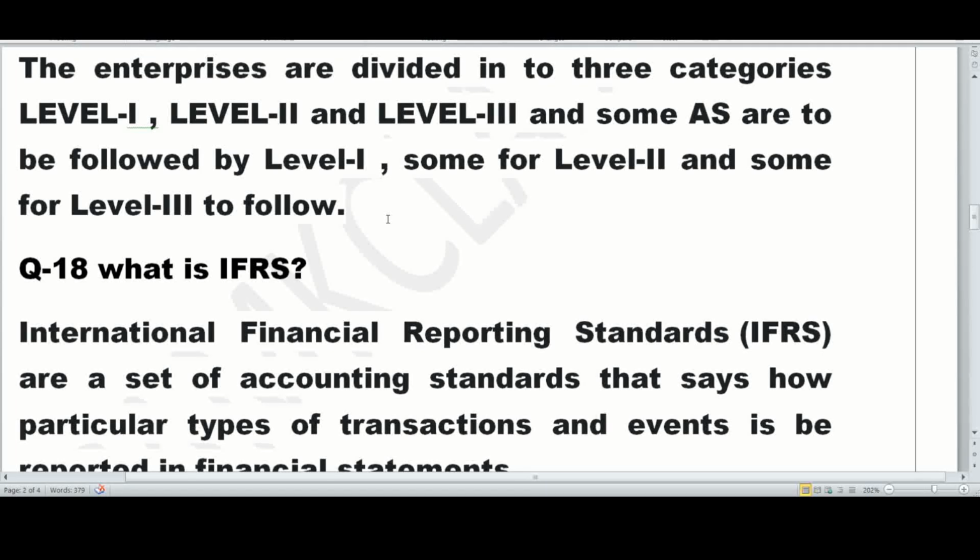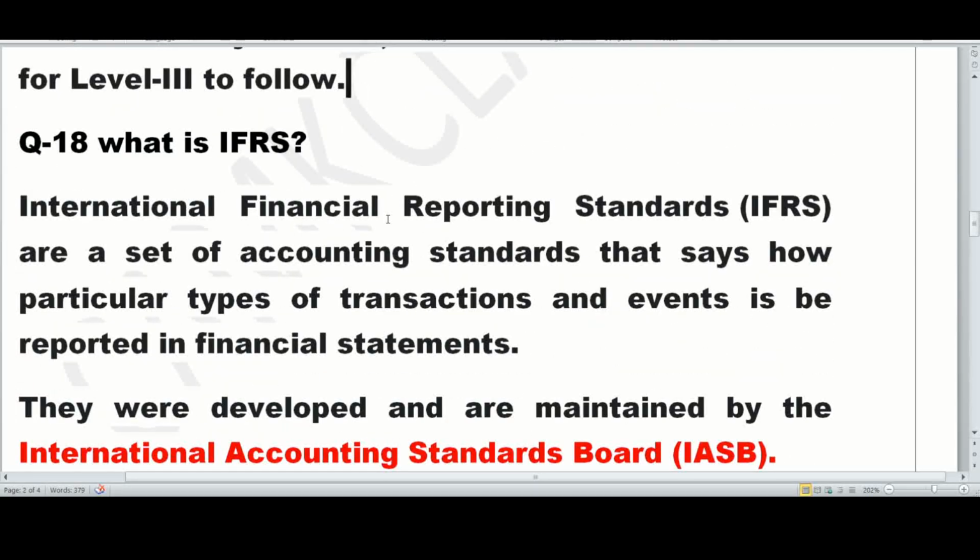Then let us come to what is IFRS. IFRS is the International Financial Reporting Standard. These are also accounting standards, and these are issued, developed and maintained by the International Accounting Standard Board, IASB.